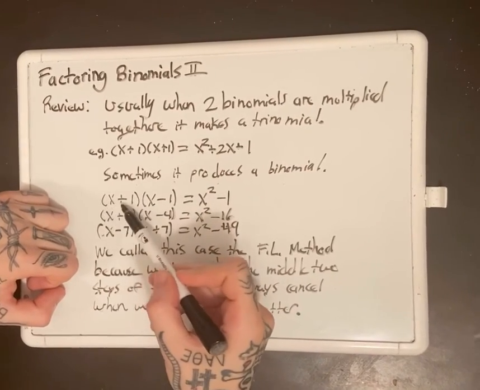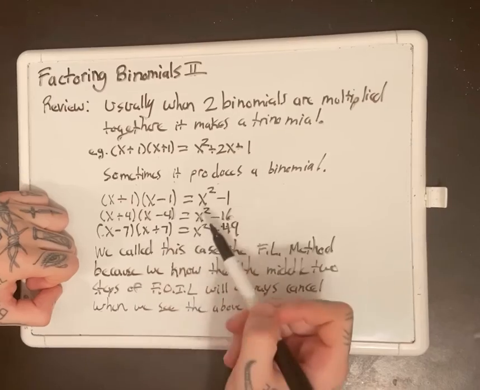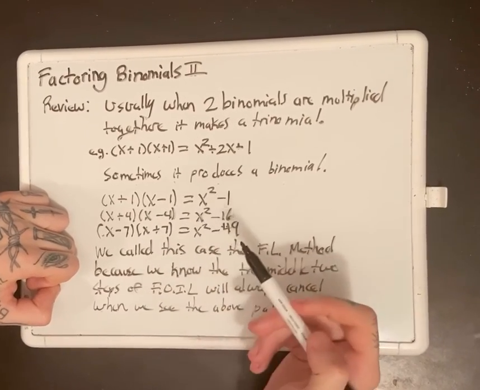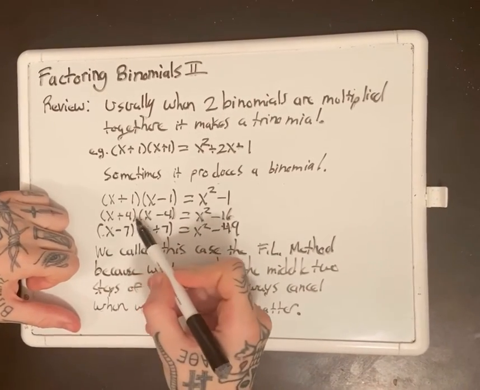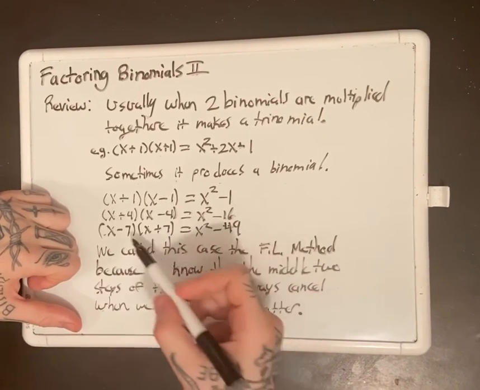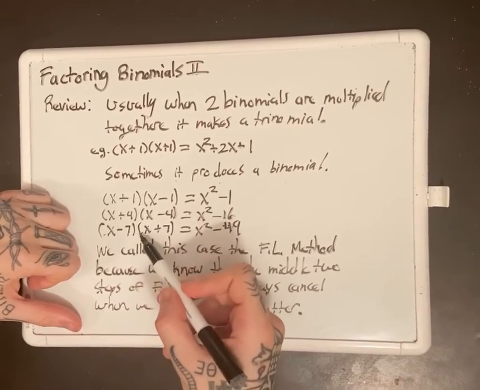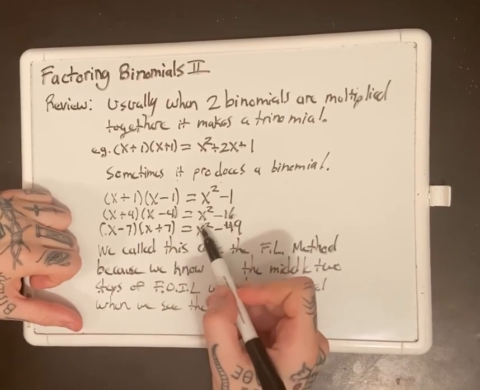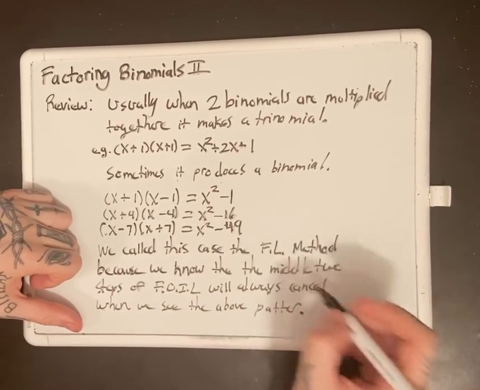For example, x plus 1 times x minus 1 equals x squared minus 1. X plus 4 times x minus 4 equals x squared minus 16. X minus 7 times x plus 7 equals x squared minus 49.